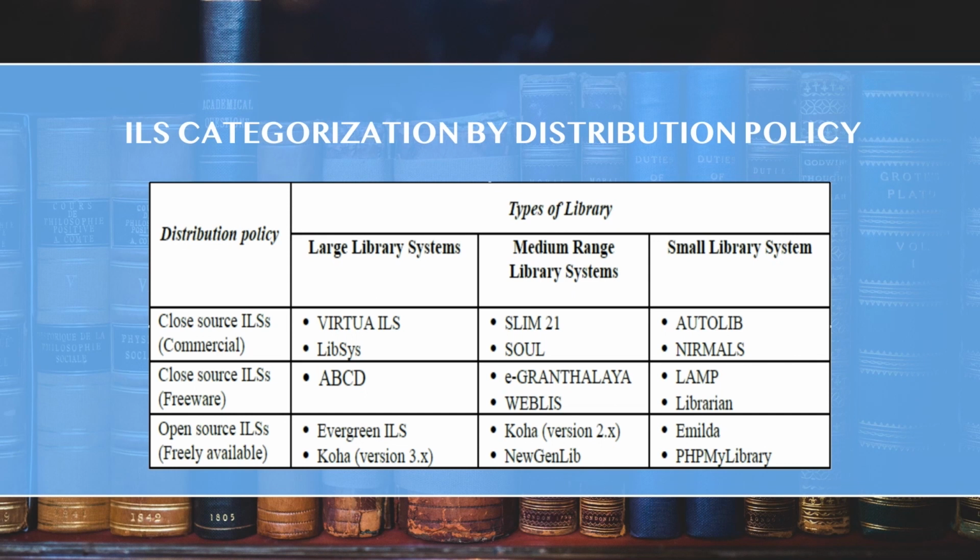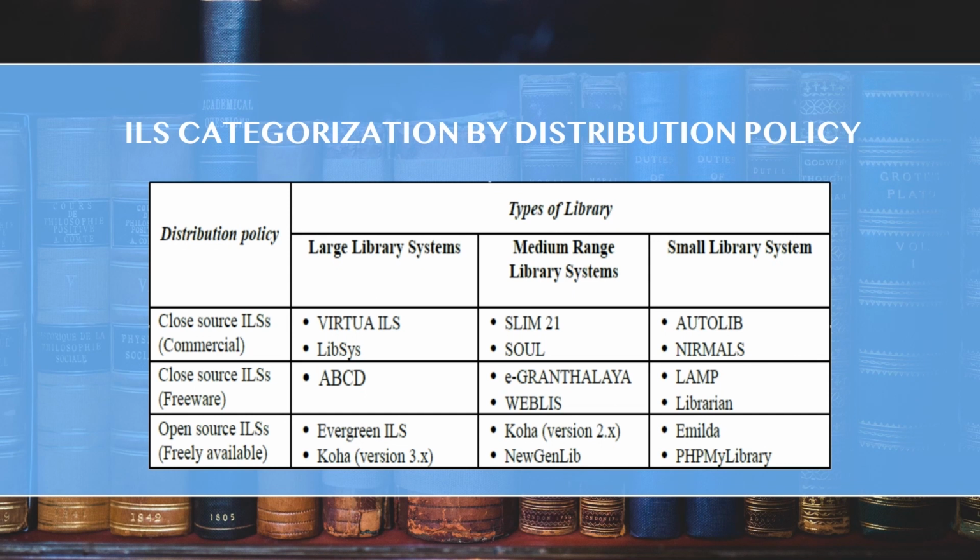Similarly, in the medium range, we have the closed source freely available software eGranthalaya. eGranthalaya is freely available. Anyone can download it. It is developed by NIC, but it's closed source software. Then WebList is another freeware available for medium range library systems. Again, WebList is also based on CDSICs.